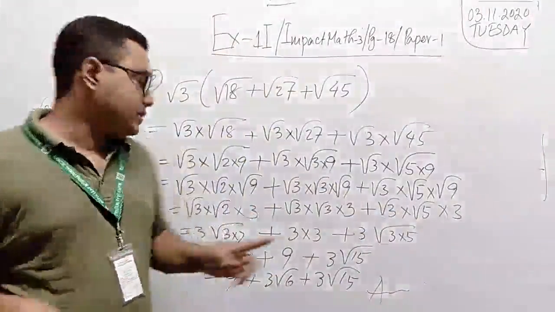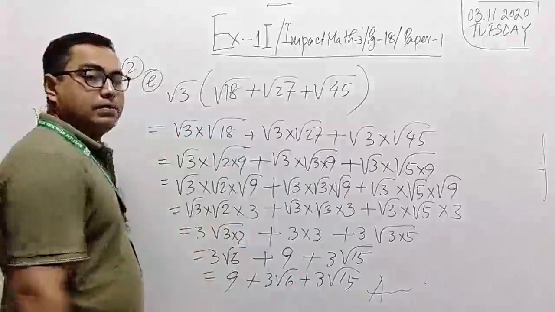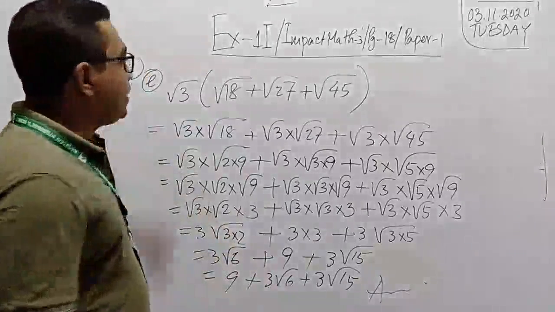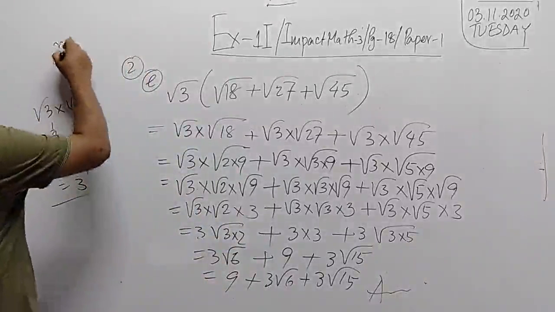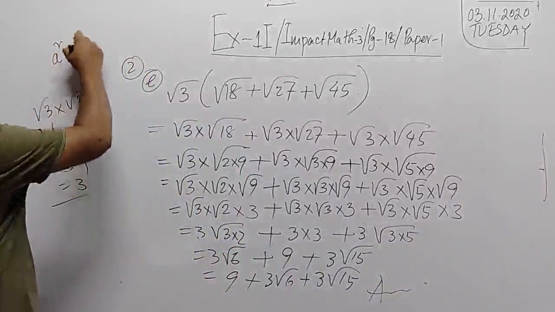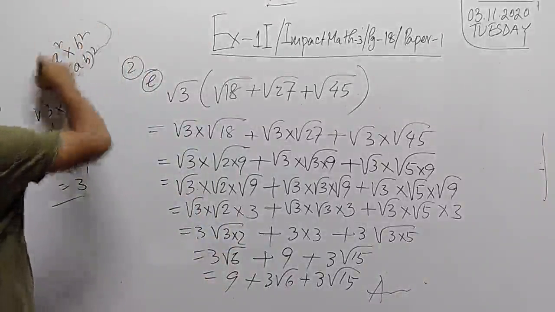We can mix them because their power is same. Here half, there half. So mix them according to the theory what we have in index. Suppose a square into b square, we could write ab whole square.